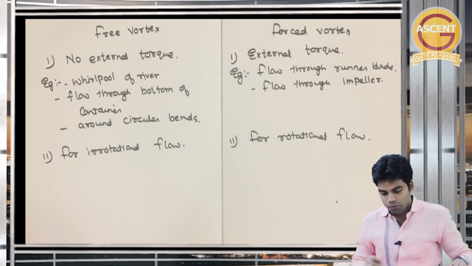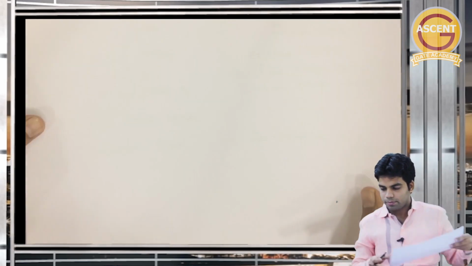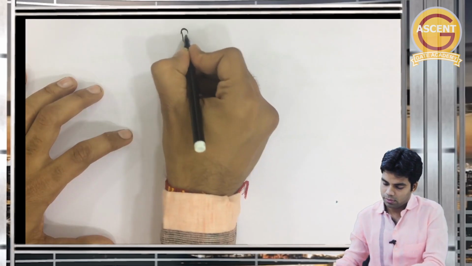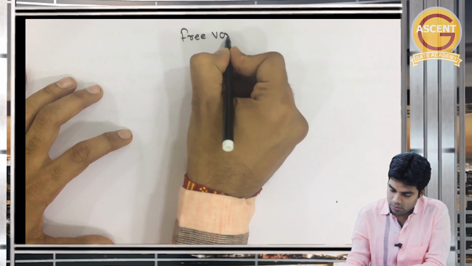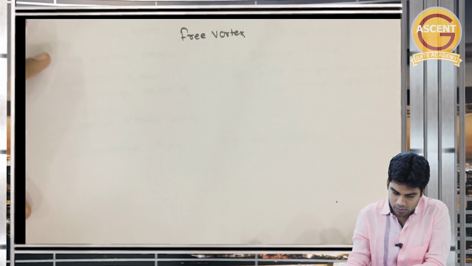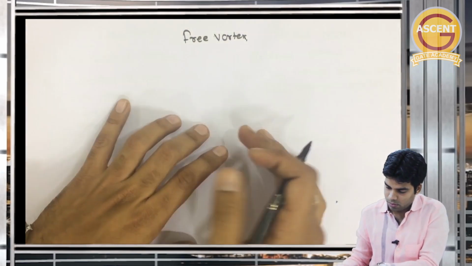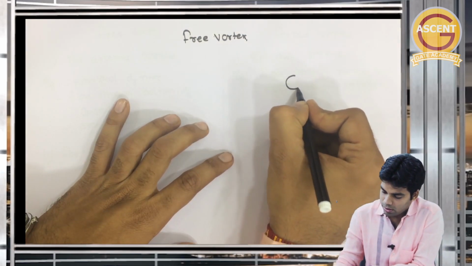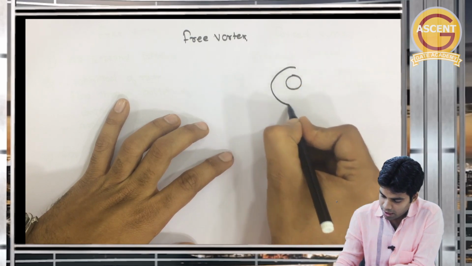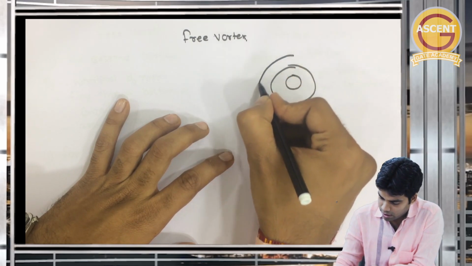Now next thing, for this free vortex, the streamlines are concentric circles like this.